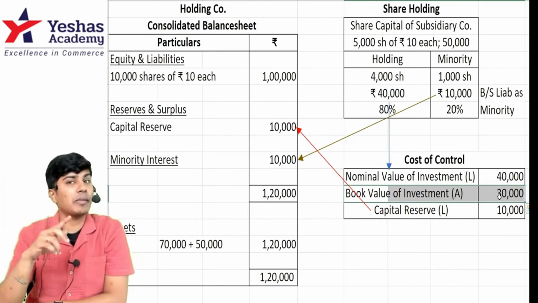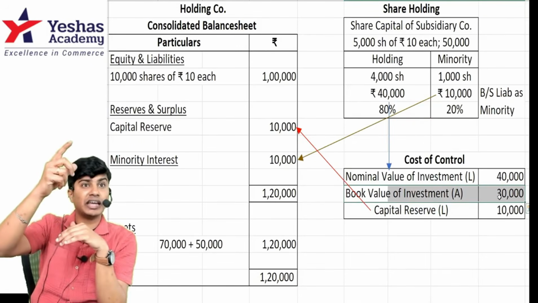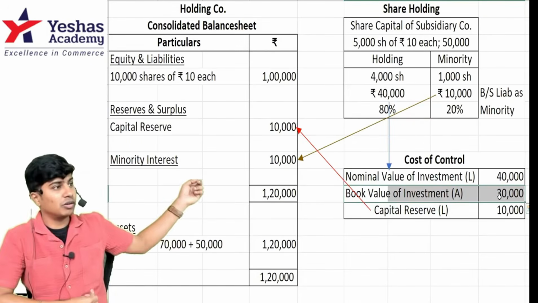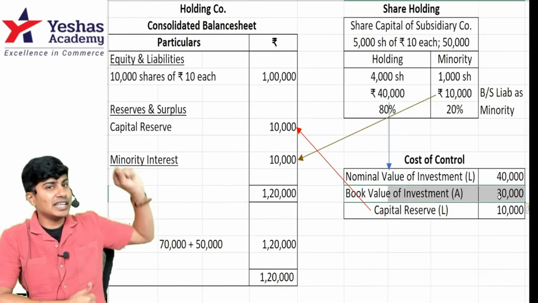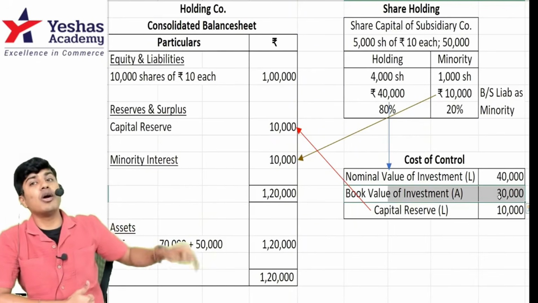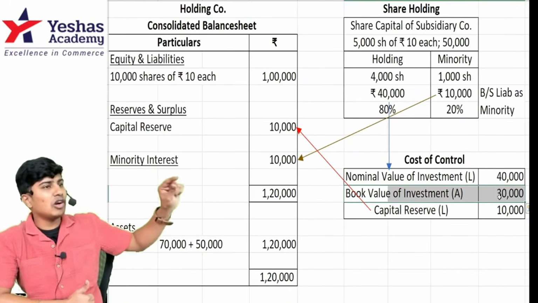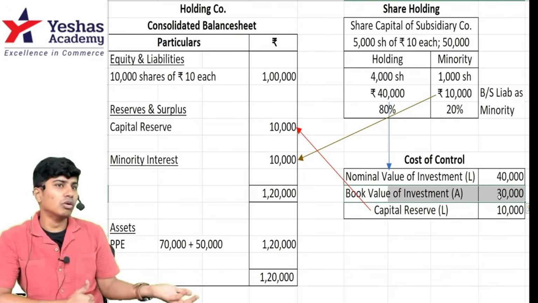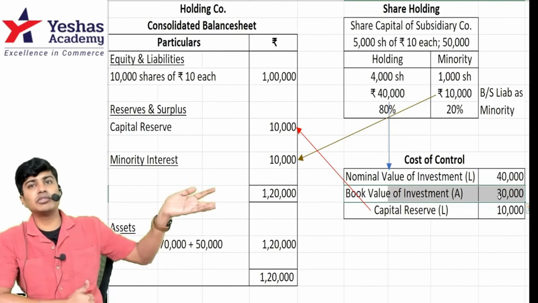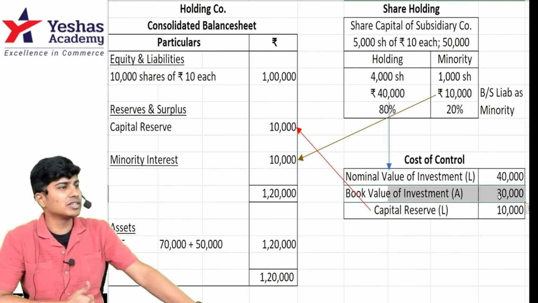The holding company's share in the share capital of the subsidiary, bring it to cost of control. Write it as nominal value of capital. Compare this with book value of investment. If book value of investment is more, goodwill. If nominal value of investment is more, capital reserve. Goodwill is on the asset side, capital reserve on the liability side.